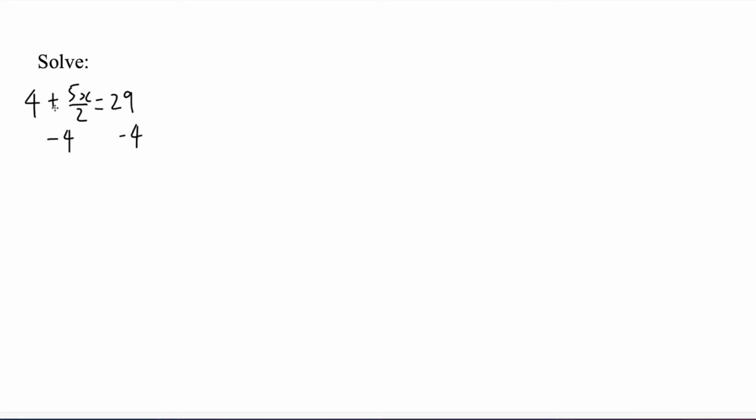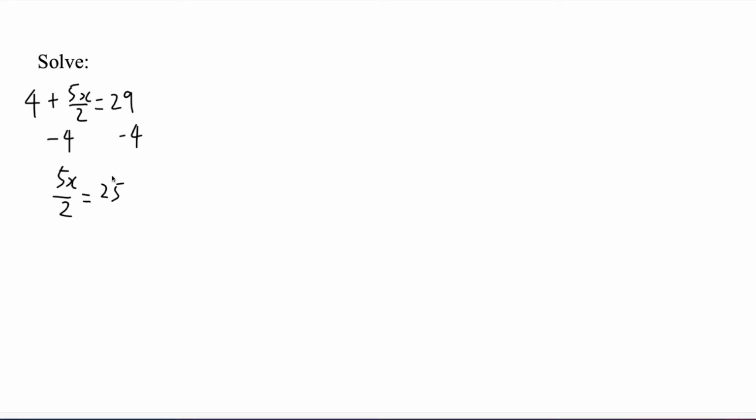You should already know, if I have 4 plus 5x on 2 take away 4, the 4s will just cancel out. 4 take away 4 gives you 0, and 0 plus 5x on 2 gives you 5x on 2. Equals, now 29 take away 4 will just give you 25.